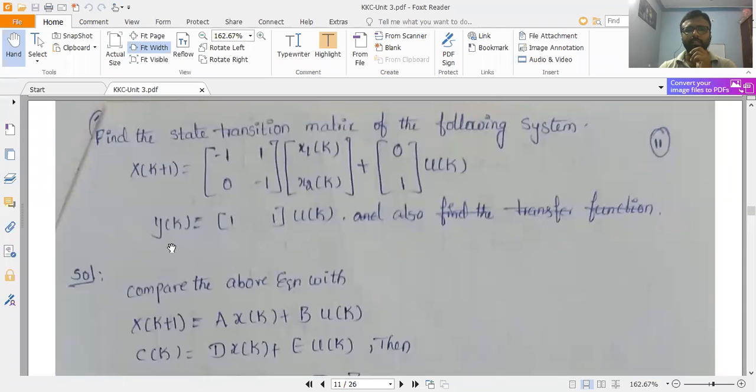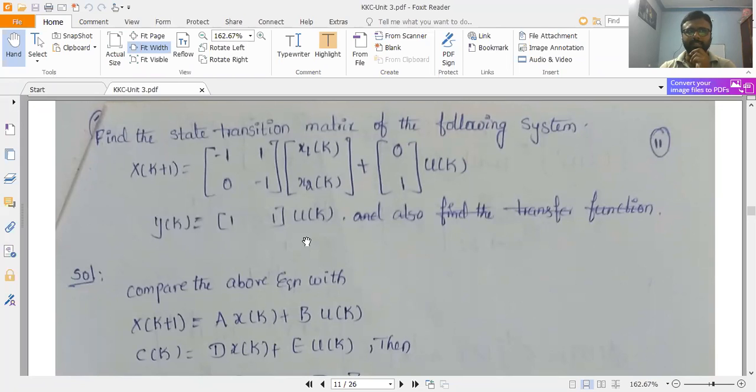Coming to the y of k value, that is the output equation, we get only [1 1] into u of k. Comparing this with the general equation, D into x of k plus E into u of k, there are no x values in this output equation.